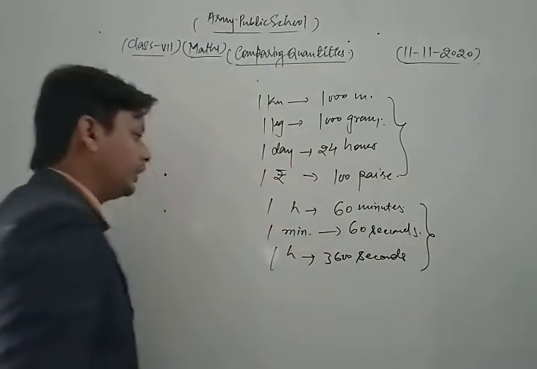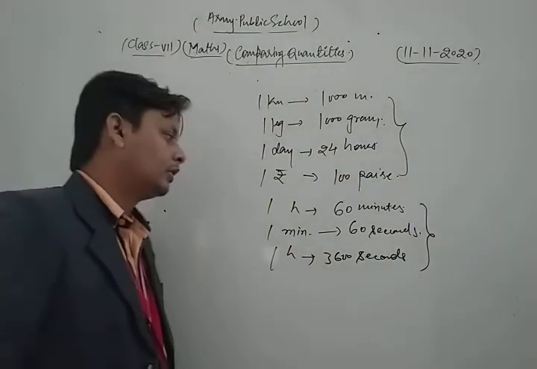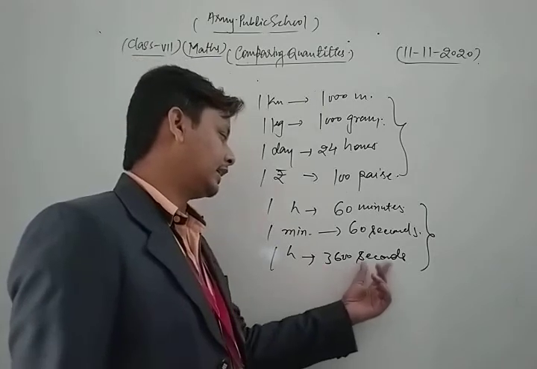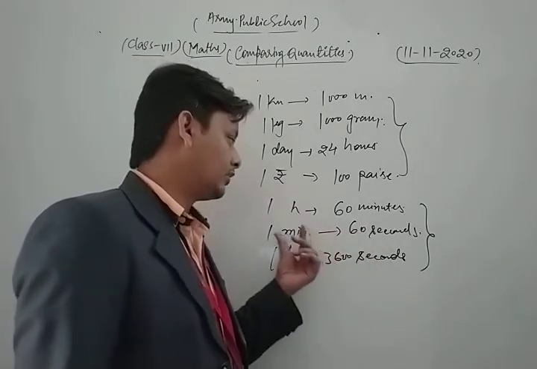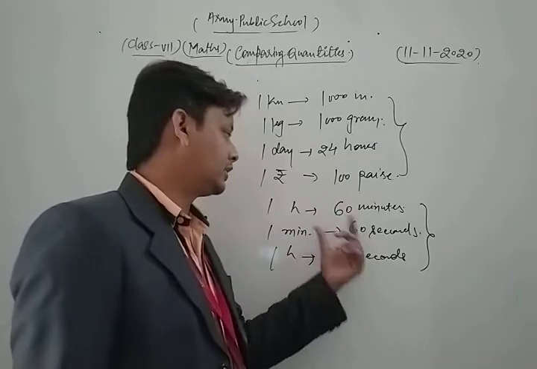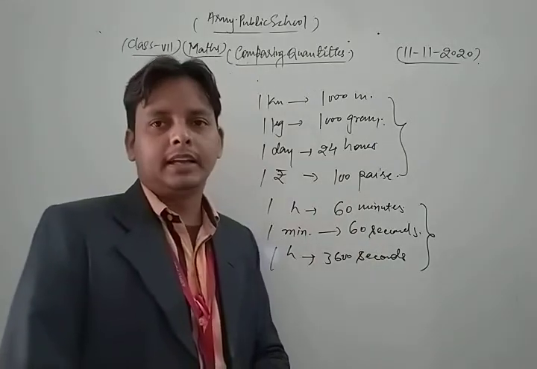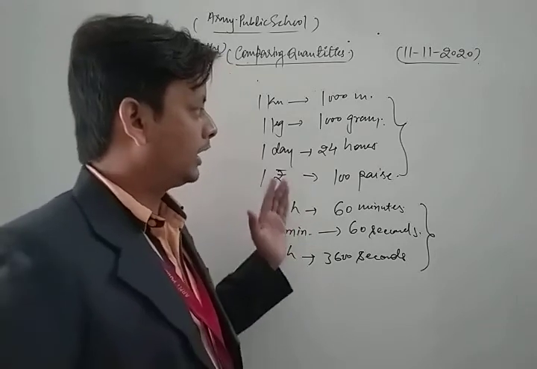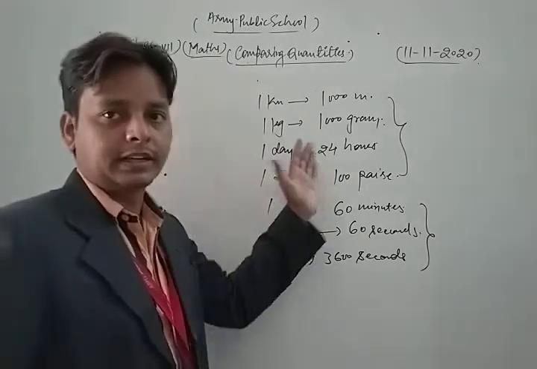So this is also a very important relationship between the units of time. There are 3600 seconds in 1 hour, 60 seconds in 1 minute, and 60 minutes in 1 hour. So in that topic, please first learn and remember all these important concepts.